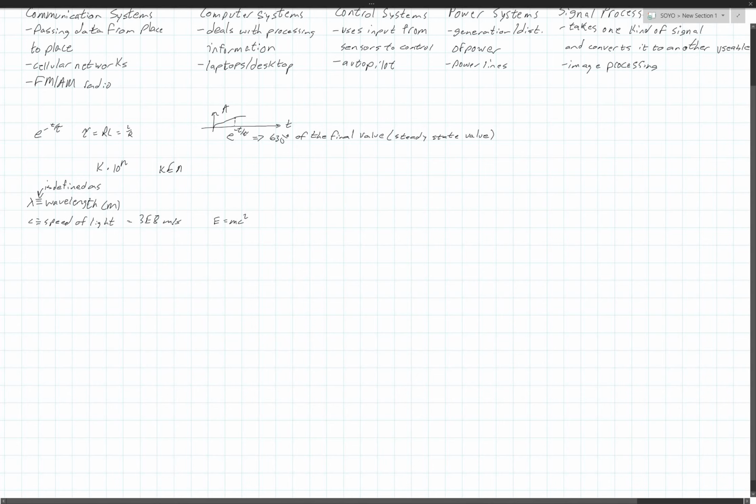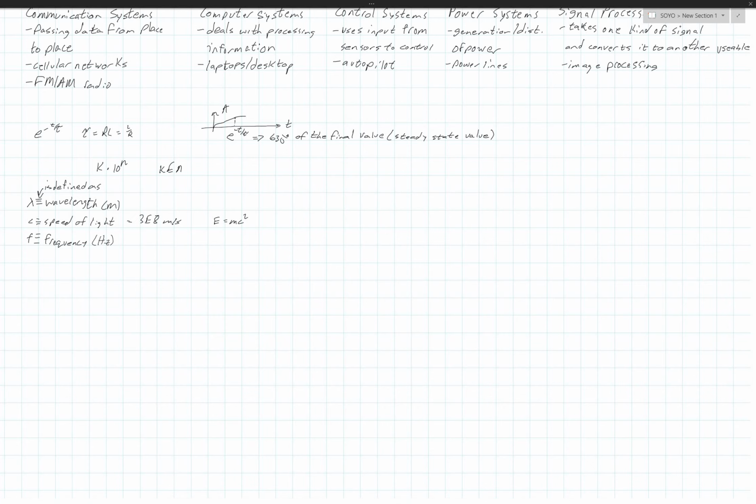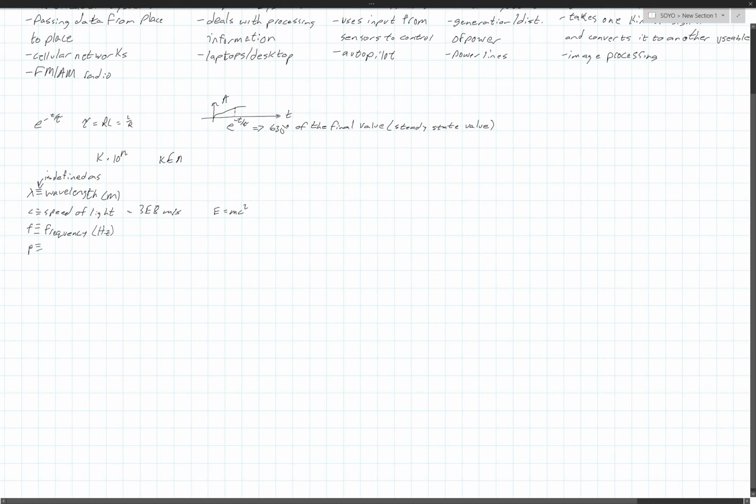So we can go into frequency, which is defined as f, and is in hertz. That's the number of times it will go through a cycle in a second. If you have a 0 hertz system, that's your DC power. If you have a 1000 hertz signal, that's a kilohertz, and it'll go up and down 1,000 times in a second. We've got power, which is defined by P, and is in watts.